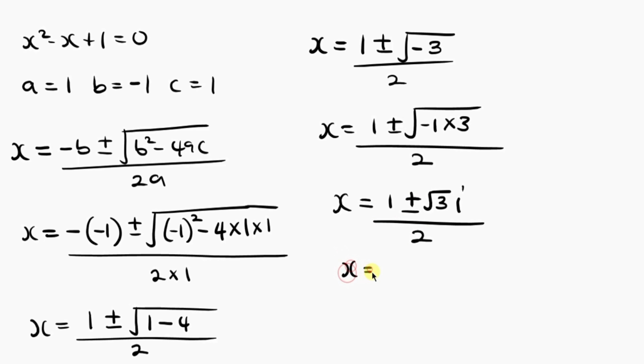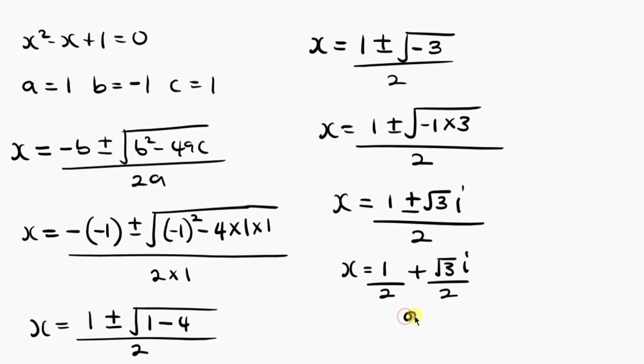So s is going to be equal to 1 plus or minus. Oh, we are separating. Very good. So 1 all over 2. Now take the plus first. Plus the square root of 3i all over 2. Now let's take the negative side of it.